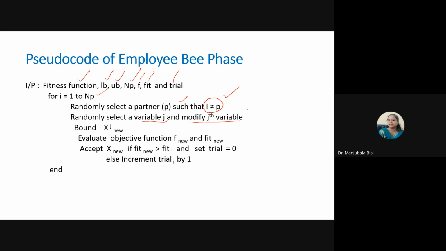That equation is xj new equals xj old plus phi into xj minus xjp, the partner.